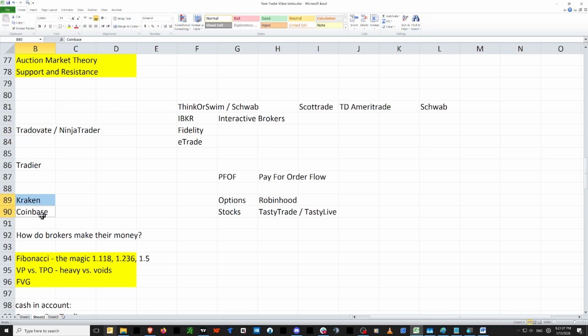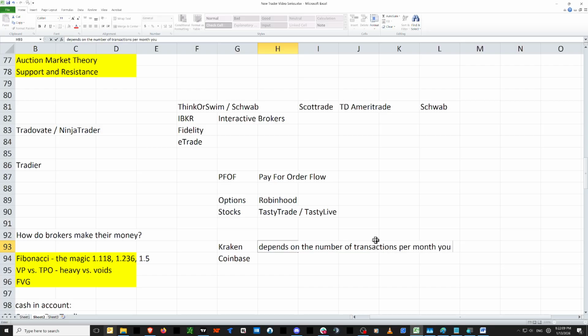Then we had Kraken and Coinbase come in for crypto. Now, crypto is a little bit different because they charge a fee that, number one, depends on the number of transactions per month you make.